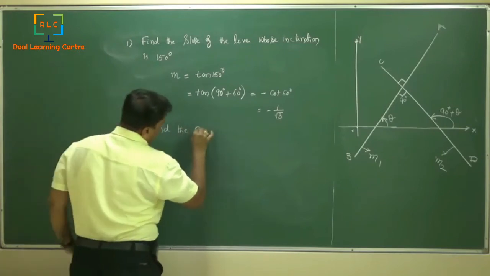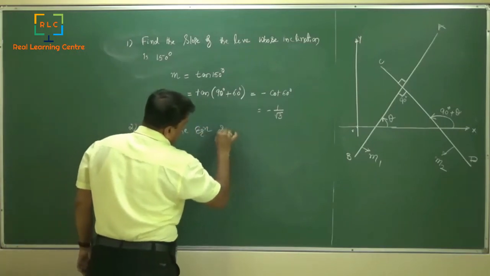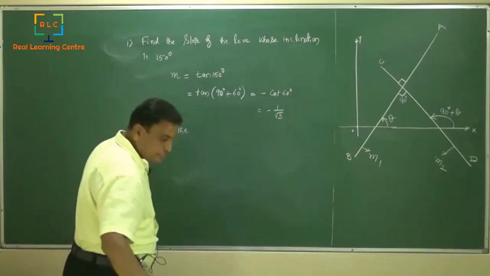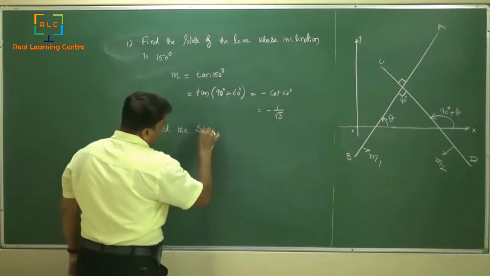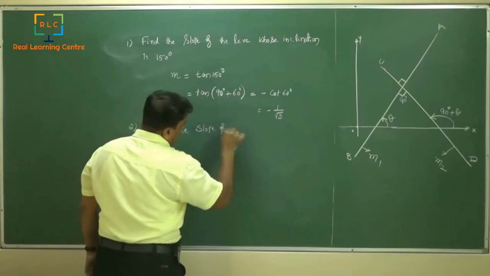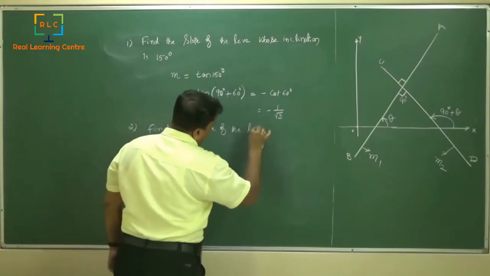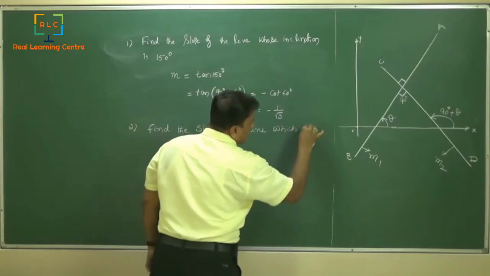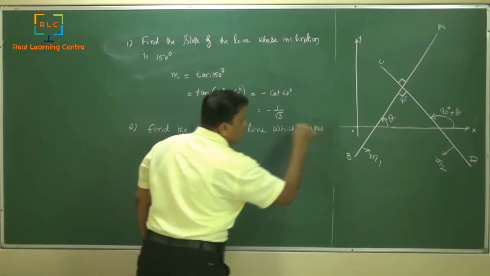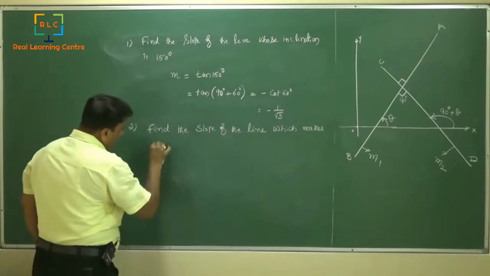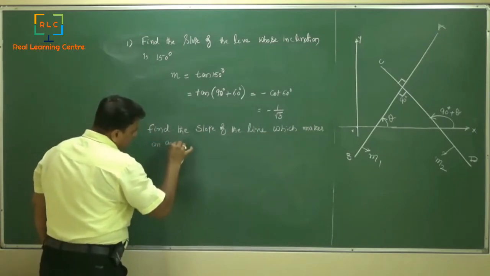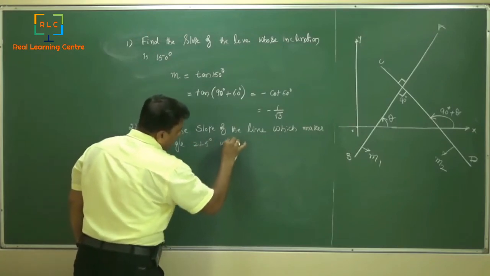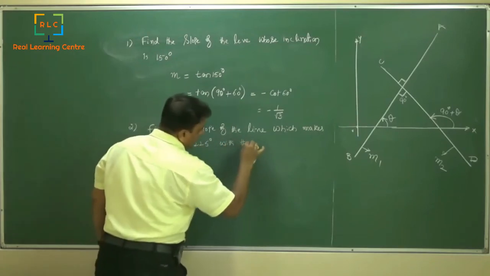Find the slope of the line which makes an angle 225 degrees with the positive x-axis.